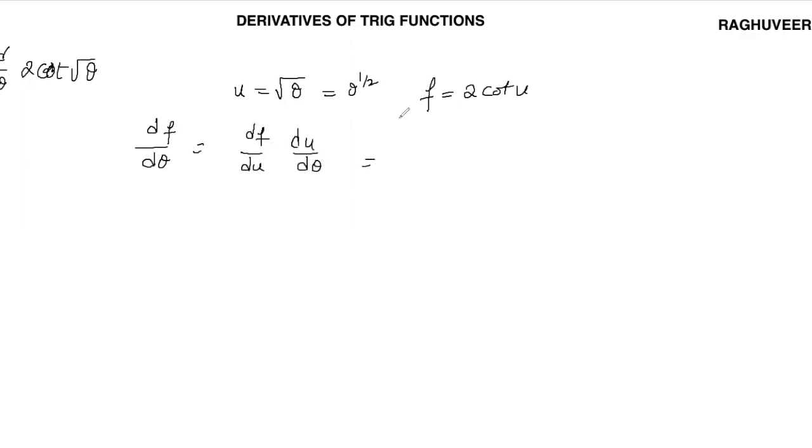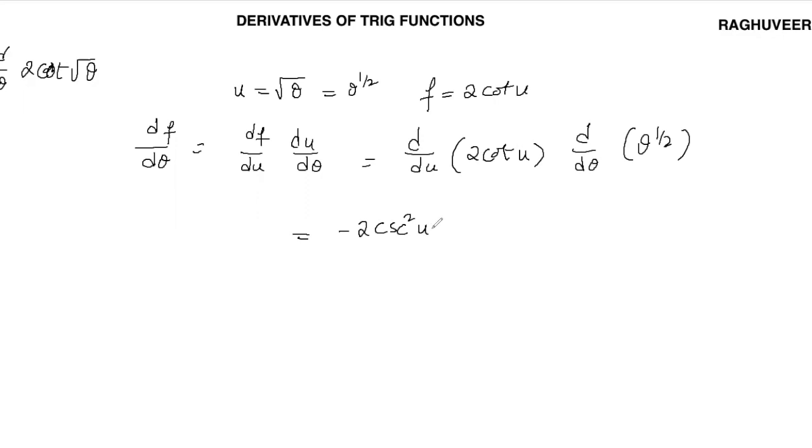So which is d by du of f, which is 2 cot u, and d by d theta of theta power half. So this is minus 2 cosecant square u, and half theta to the power of minus half.